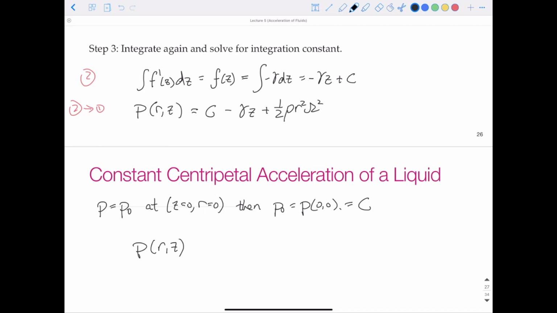I see I flipped the z. Let me just fix that. So our pressure function as a function of r and z is then just equal to p0 minus gamma times our z position plus 1/2 rho r squared omega squared.